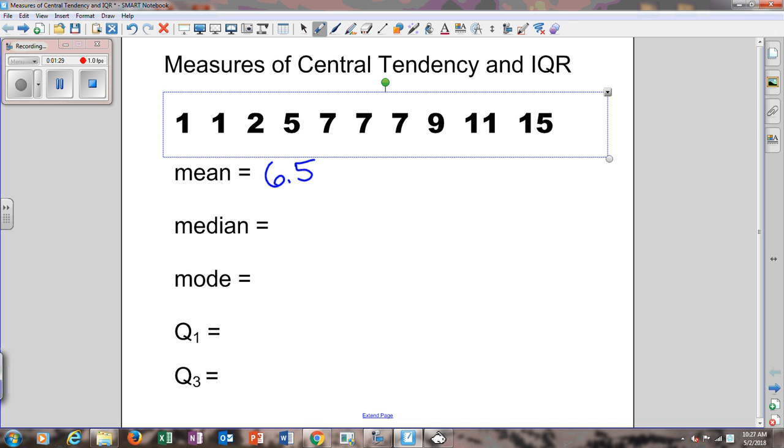Now the median is the middle number. So there's 10, we divide that by 2, or you can cross off to find the median. You go low to high. Now we have two numbers in the middle, because it breaks it into two groupings of 5 and 5. So our median is here.